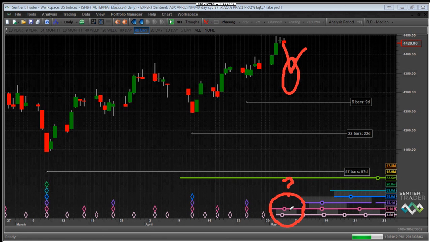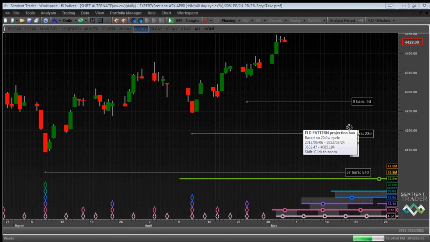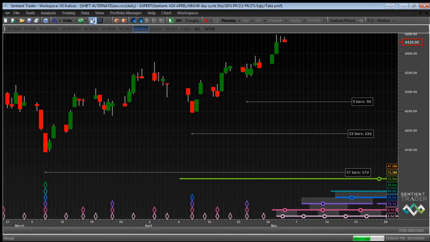Don't rush to draw your diamonds. There's no benefit to rushing and drawing your diamonds. What's important is a 10-day trough is expected, and there it is. And you can draw a question mark there, and Sentient Trader often does draw a question mark there, because if you know that might be a trough of the 10-day cycle, you can make trading decisions on that basis. Don't rush to draw your diamonds.